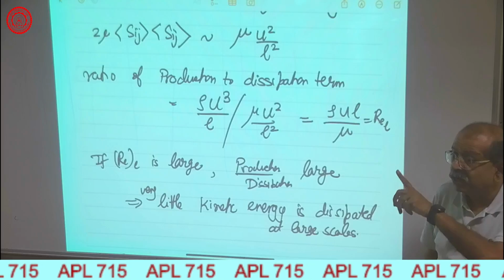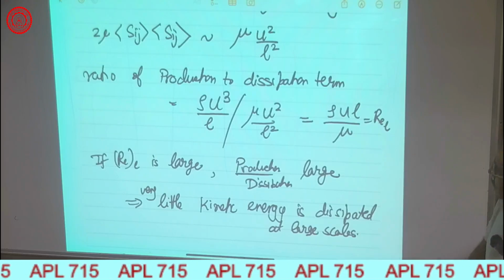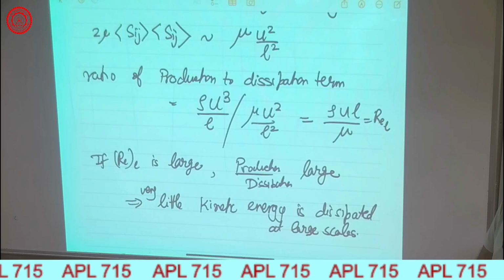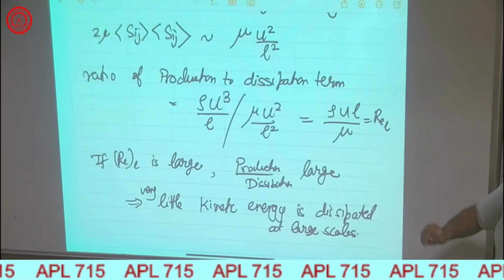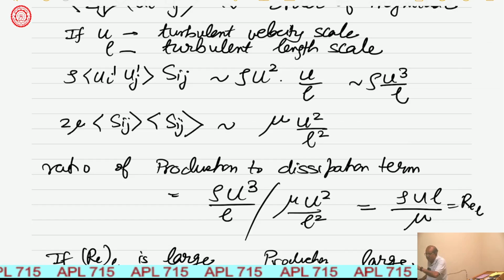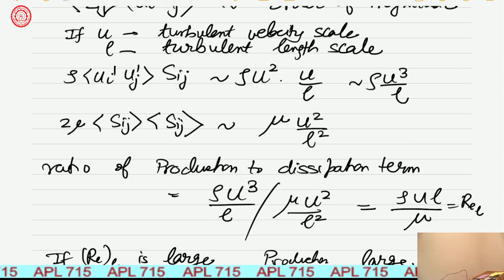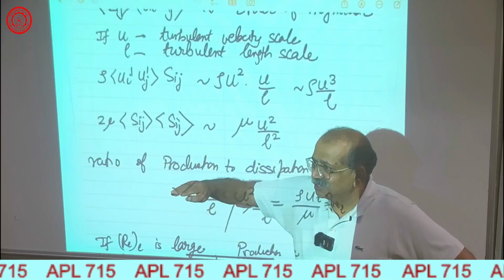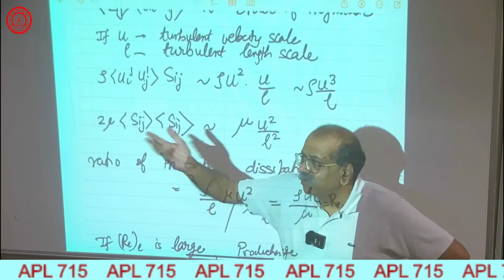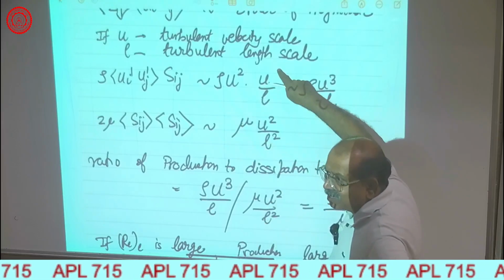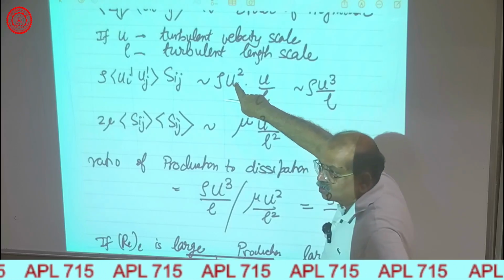No, we are using the mean energy. Dissipation term, you have signified it as small k. No, see, what I have used here is that the order of magnitude of the turbulent velocity is of the same order as the mean velocity. That the fluctuations are of the same order as the mean velocity, because we are using the mean velocity gradient as u by l and turbulent fluctuations as u.